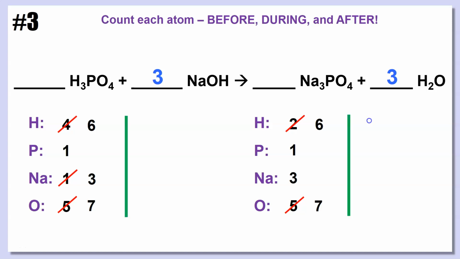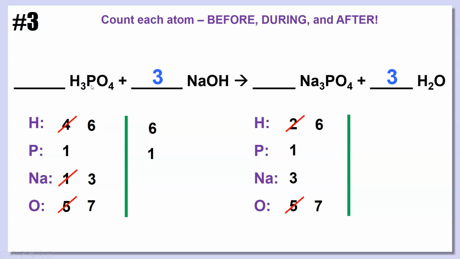I think I'm done. I'm going to draw my lines. I'm going to recount. Be very careful to recount, especially when you have elements in multiple places. That's when we tend to make mistakes. So 3 plus 3 is 6 hydrogens.